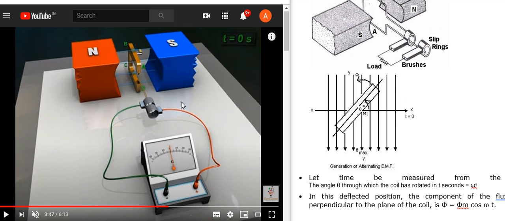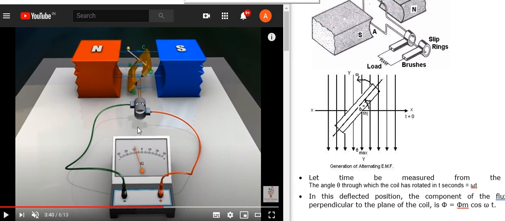Here is your north pole, here is your south pole, and the coil is in this direction, along the x-axis. The coil is rotated through an angle omega t from the reference.